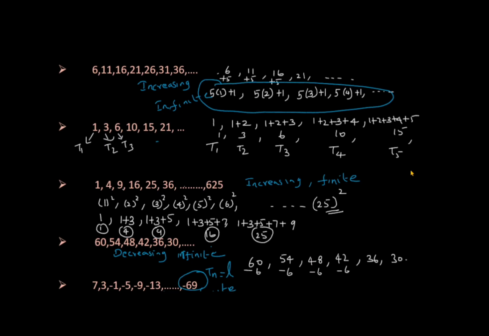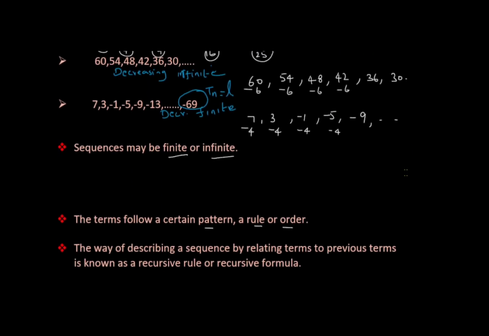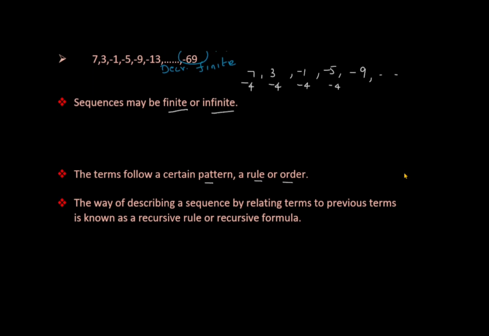So like this we got a pattern, that is called a rule. So 5 times 1 plus 1, we are getting the next number 6. Then 5 into 2 plus 1, the next number 10 plus 1, 11. So like this we can get any number, 5 times n plus 1. We can get any numbers. Like this, if we are getting a general rule, that is called the recursive rule or a formula.